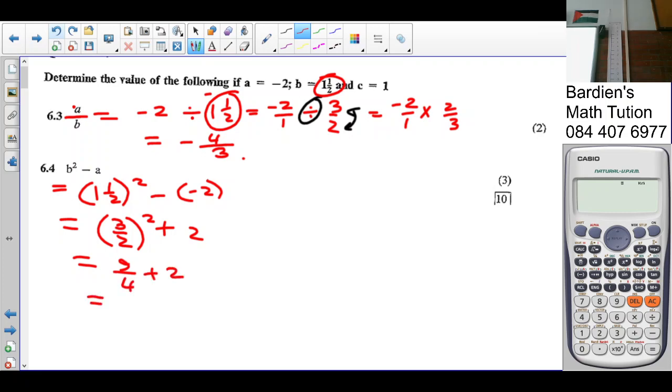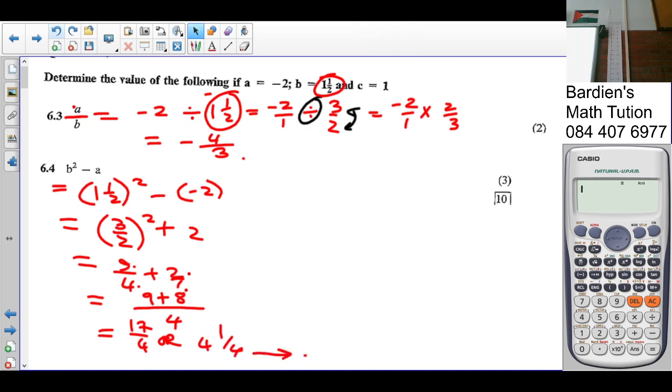What's your LCM here? 4. So that's over 1, so it's multiplied by 1, so it's 9. Multiply that by 4, it's 8. 9 plus 8? 17 over 4. Or 4 going into 16 4 times and 1 remaining. Not so? Alright. Any confusion here?